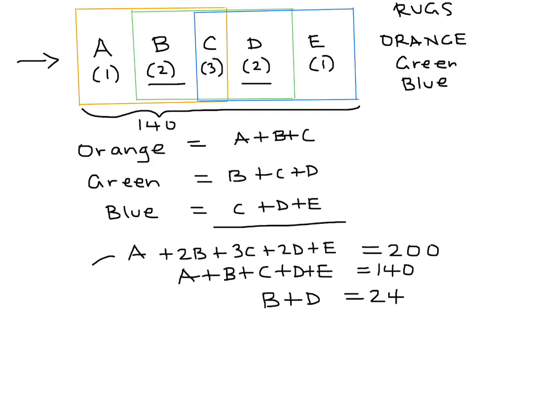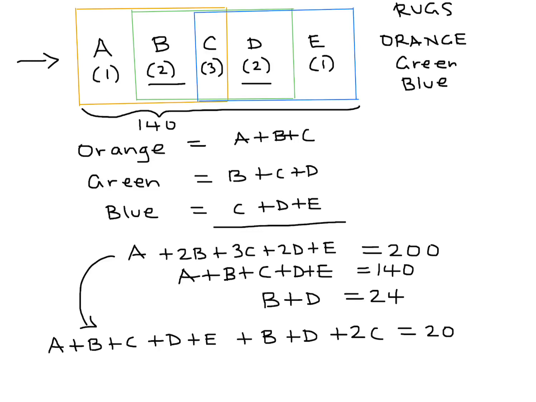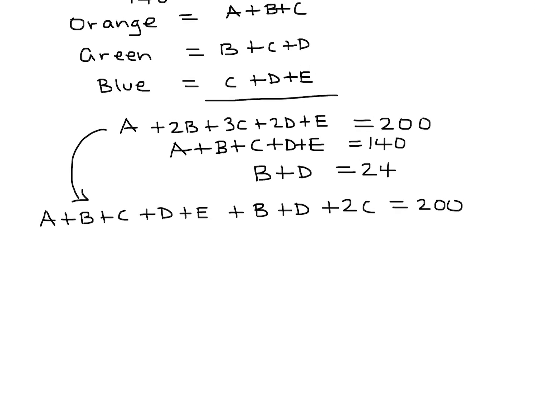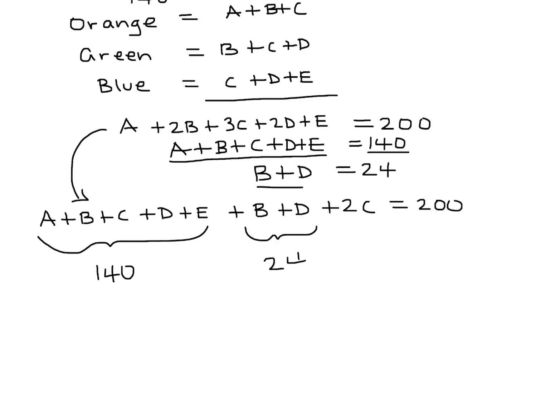So let's start with that one right there. Let's write it out. A plus B plus C plus D plus E, and we have a B left over, a D left over, and 2 C's left over. And that equals 200. The reason I broke it up like that is because we know what A plus B plus C plus D plus E is. It's 140. So that can go there, 140. We also know what B plus D is. It's 24.